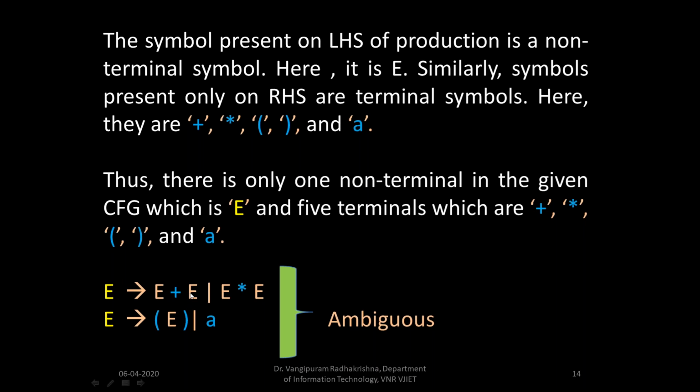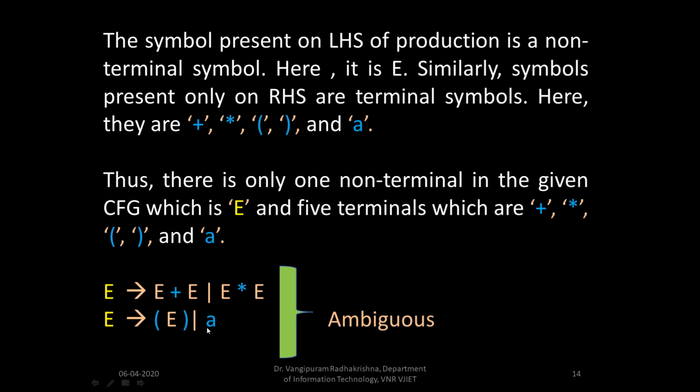At the same time, symbol E on the left-hand side of the grammar production appears twice on the RHS part of the second grammar production. So because this symbol E is appearing twice on the RHS part of the first and second grammar productions, these 2 grammar productions introduce the property of ambiguity. Hence, we can conclude that this grammar is ambiguous.